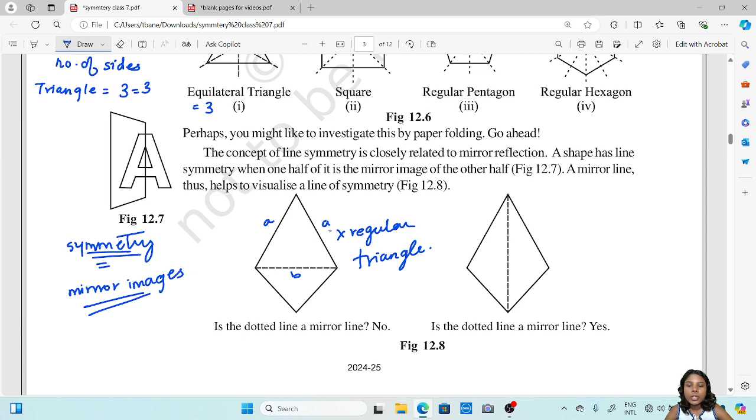Now if you take the mirror image of this from below, like you place the mirror at this point horizontally, what you will see is a triangle, but it won't be the same. So is the dotted line a mirror line? No. But now see, here you have this triangle, and you place the mirror vertically right at this line of symmetry. Now what you will see is exactly the mirror image of this. So is the dotted line a mirror line? Yes, in that case.